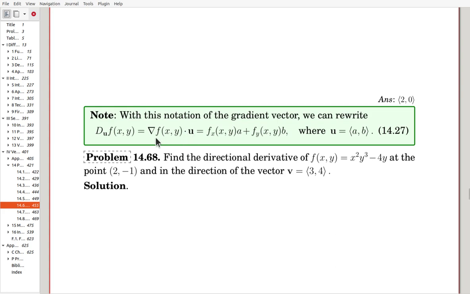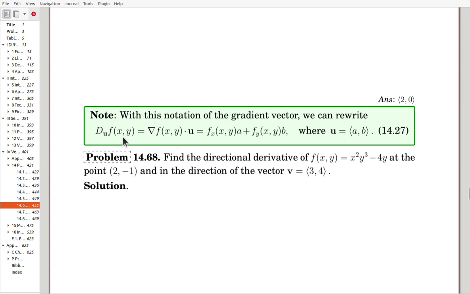So the gradient vector is projected to the u direction, and that is the directional derivative. And that one is quite useful later on when we try to maximize the directional derivative.